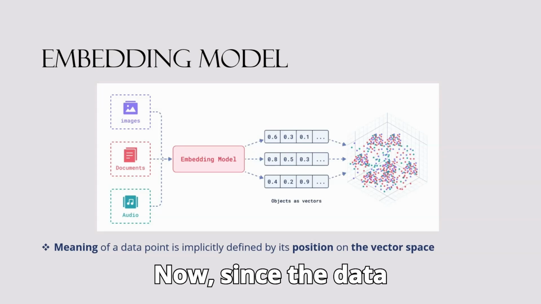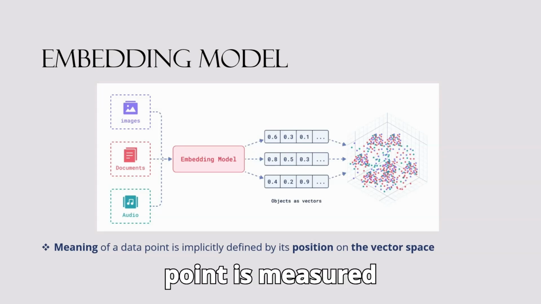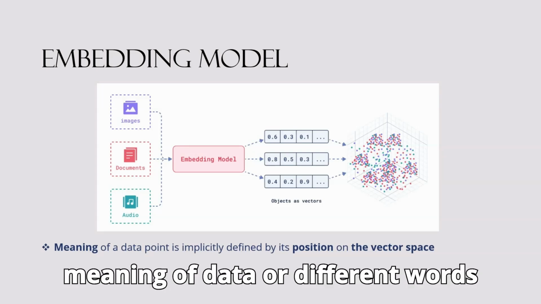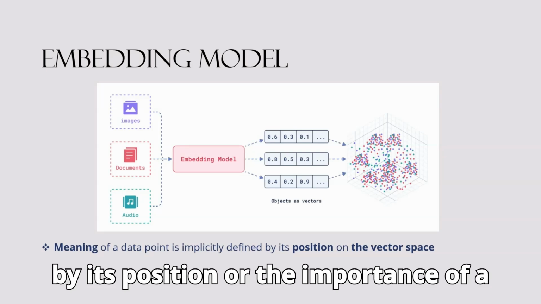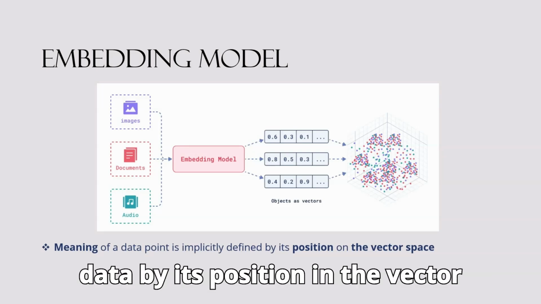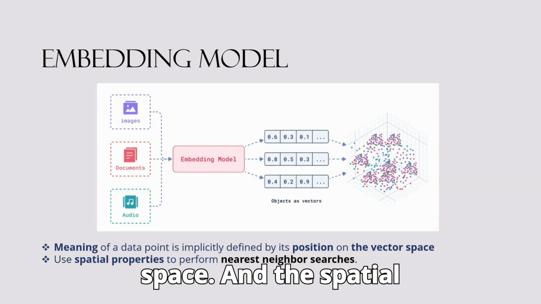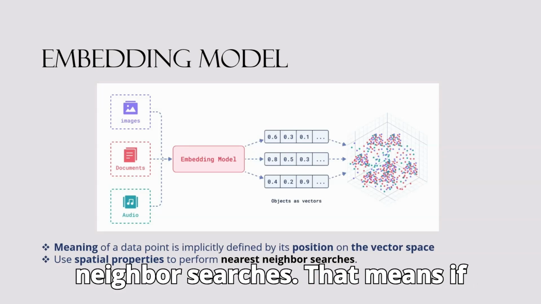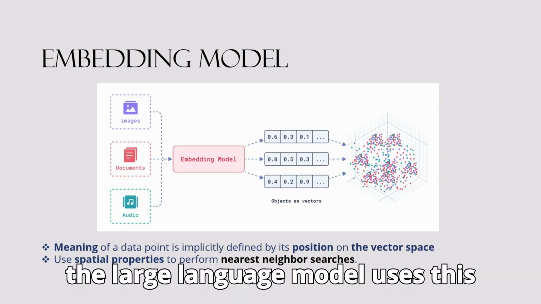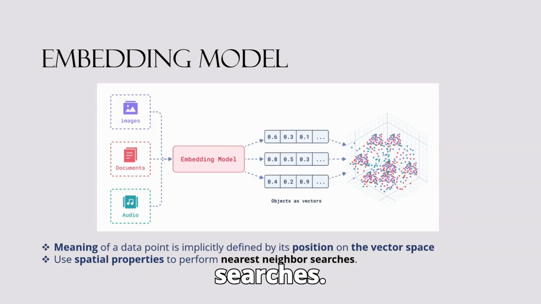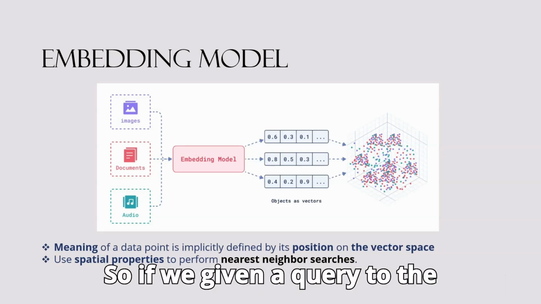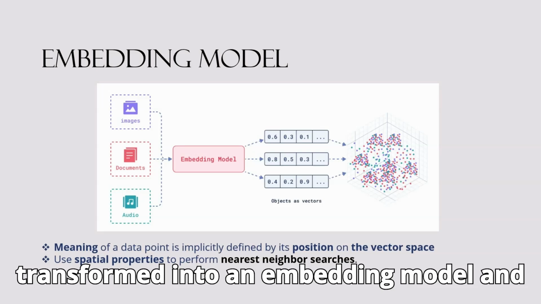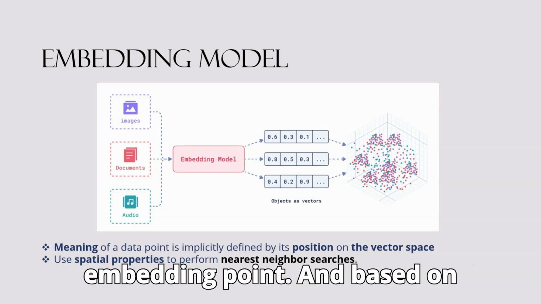Now, since the data point is measured by its position, we can find the meaning of data or different words, or the importance of data, by its position in the vector space. And the spatial properties are used for nearest neighbor searches. That means if we give a query to the large language model, the query will be transformed into an embedding point.